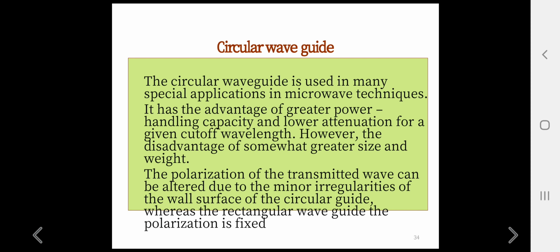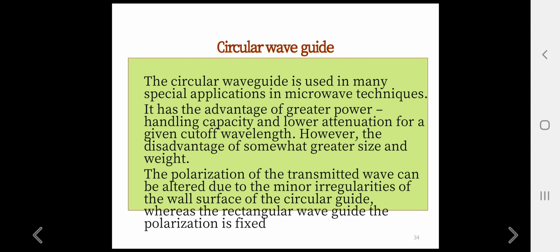Compared to the rectangular waveguide, the power handling capacity is more and lower attenuation is there. The polarization of a transmitted wave can be altered due to minor irregularities of the wall surface of a circular waveguide, whereas in the rectangular waveguide the polarization is fixed.